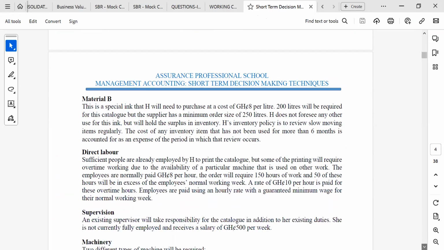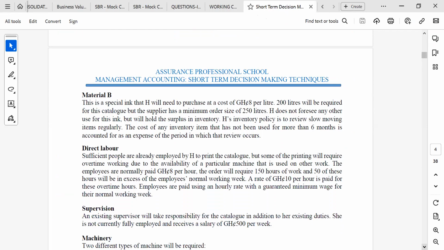Okay. Let's come to the direct labor. Sufficient people are already employed by H to print the catalog, but some of the printing will require overtime working due to the availability of a particular machine that is used on other work. The employees are normally paid 8 cedis per hour.